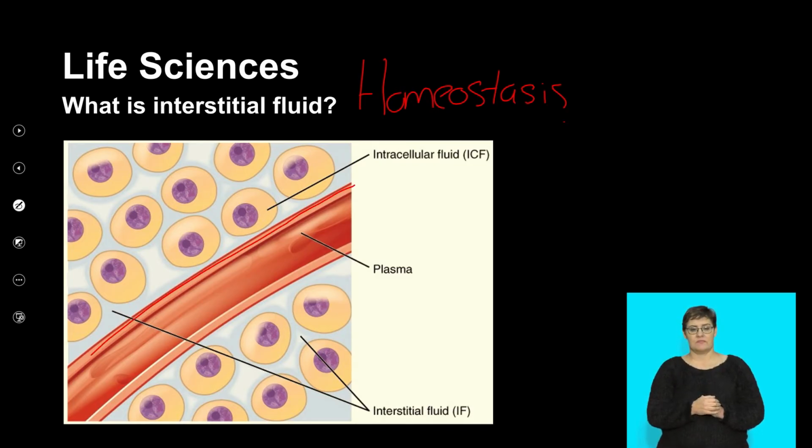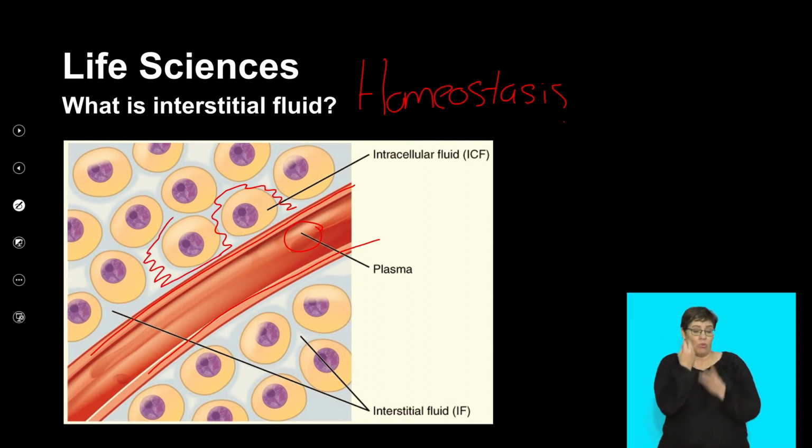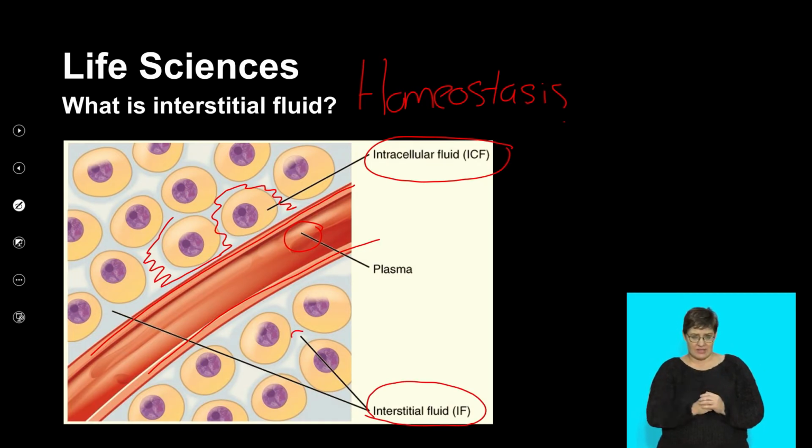The capillaries bring in blood plasma, the liquid part of blood. And if you notice over here, the blue, guys, very simple thing: you are not biltong. Around all of your cells is this watery layer called intracellular fluid that's inside, or interstitial fluid on the outside, or tissue fluid. Nice, easier name, tissue fluid.